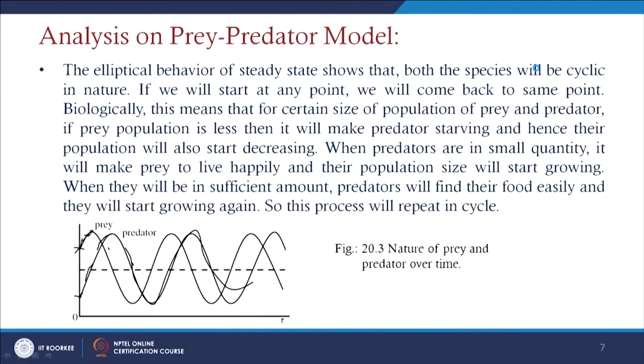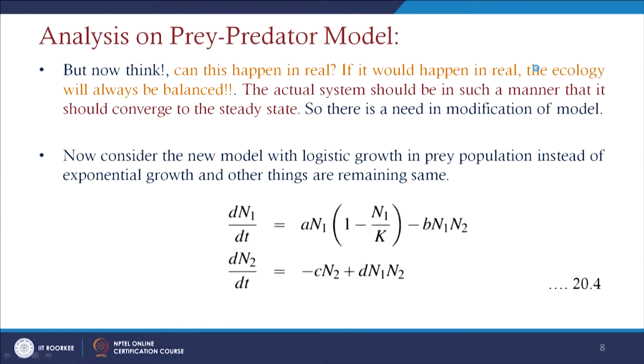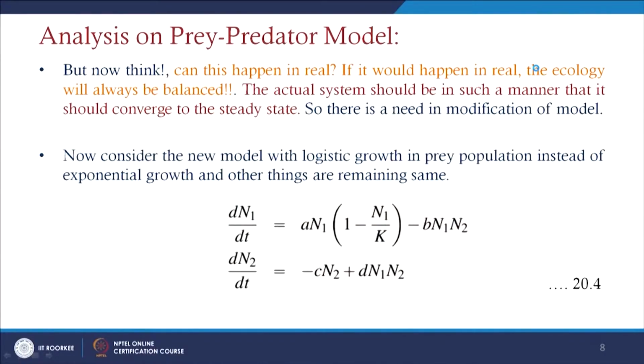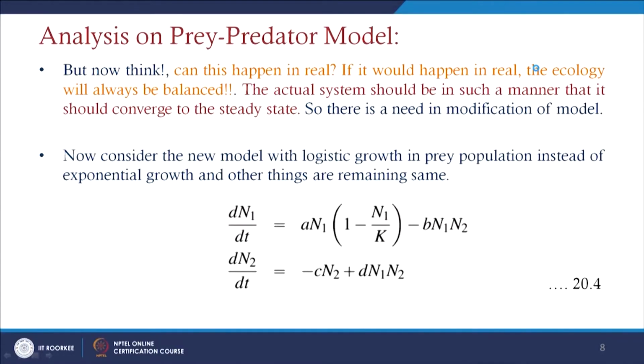So, there is a need for a special modification of this model. The ecology should be balanced; there should be neither no population of prey nor no population of predator. That is why we need some modification for this one.